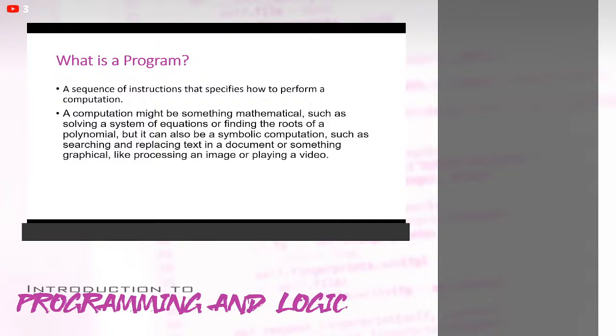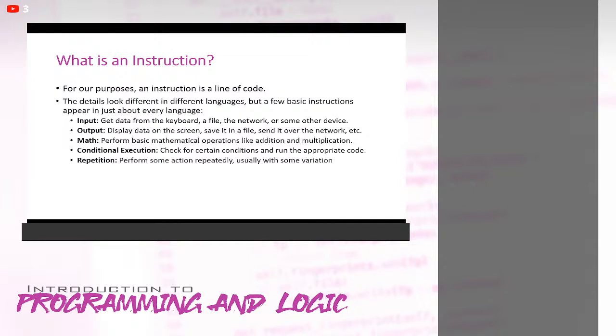So everything has that foundation in binary, and everything boils down to numbers and math, regardless of what it is. Now, I've used the term instruction here, a sequence of instructions. What exactly do I mean? For our purposes, an instruction is just a line of code, a singular line of code.